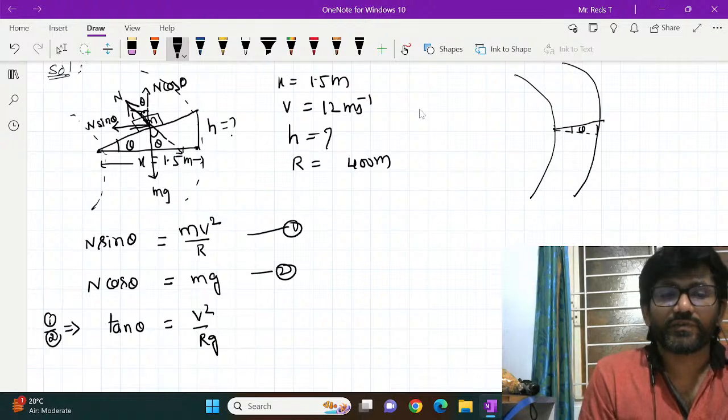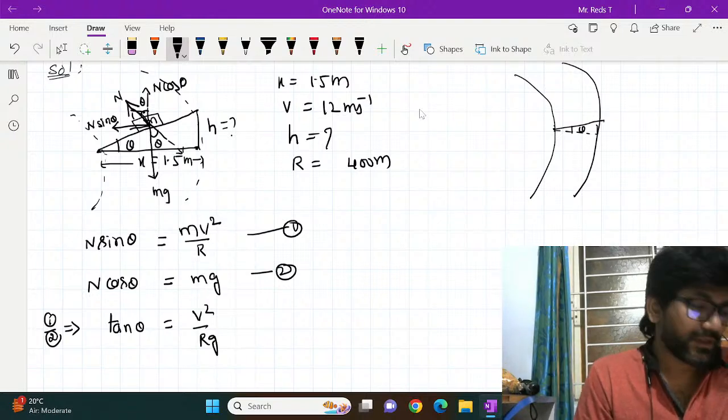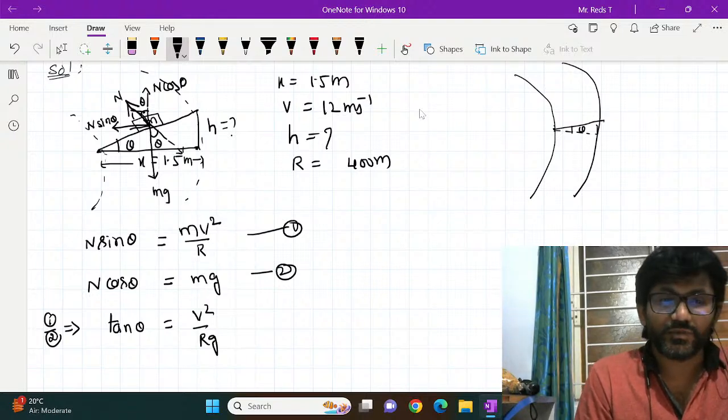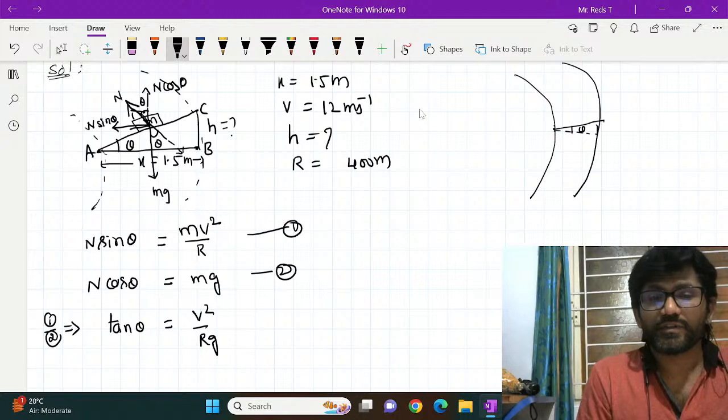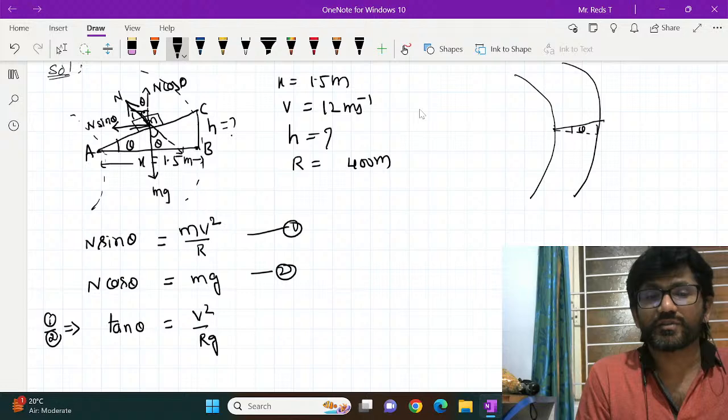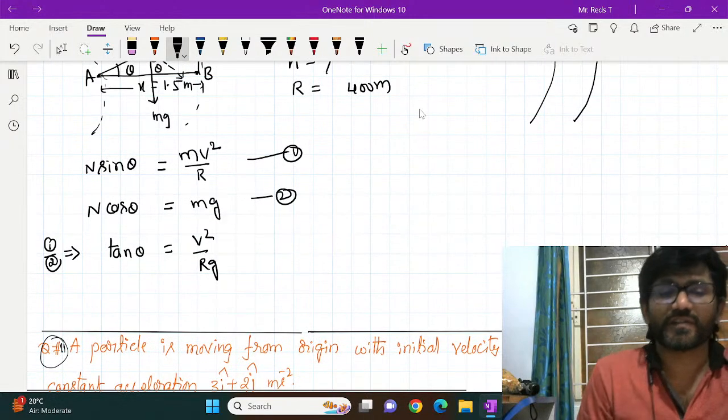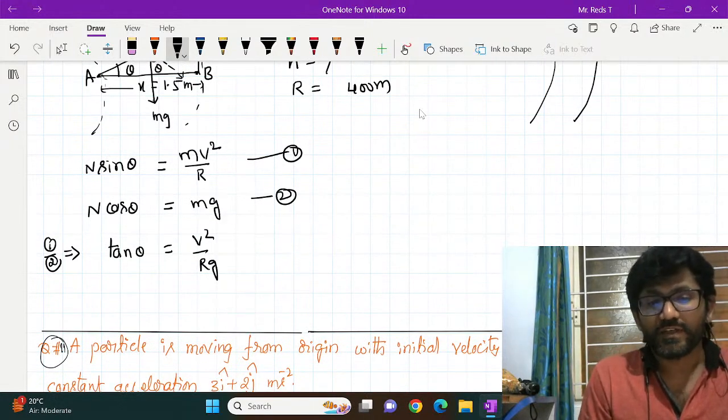From the diagram, if you take this as a, b, c, ABC is a kind of right angle triangle for which h is the height and x is the horizontal distance. So tan theta is opposite side by adjacent side, opposite side is h and adjacent side is x. So from the figure, tan theta is h by x, where x is 1.5 meter.